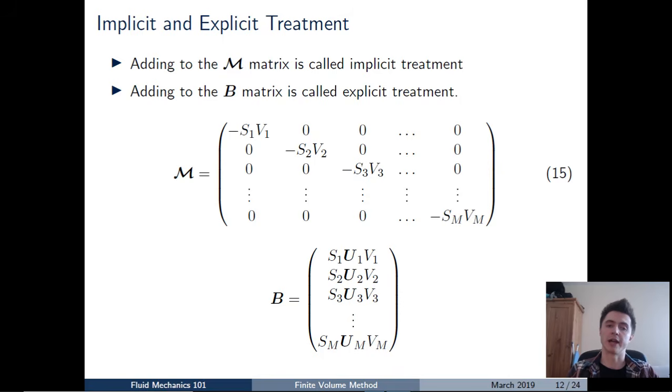So if we're going to be getting a positive contribution to those diagonal terms, so if SP is negative, then we would choose an implicit treatment because we'd increase the diagonal dominance. However, if the S term there was positive, that will be reducing the diagonal dominance, and so we choose an explicit treatment instead. So the treatment of source terms will depend on whether we're going to be improving the diagonal dominance of the system or not.